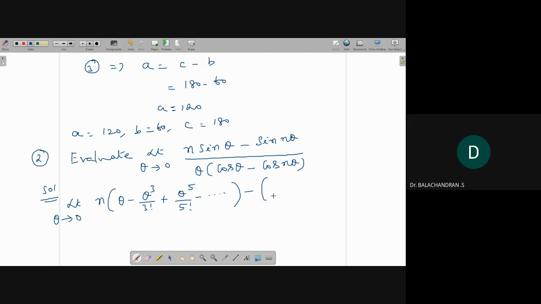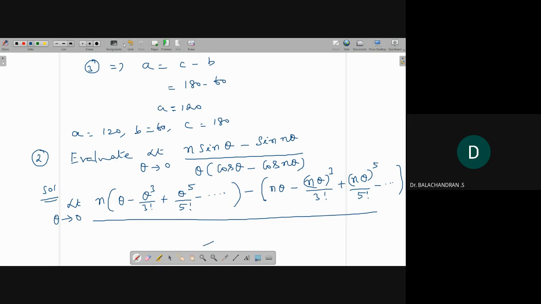So instead of theta, replace by n theta. That's all. n theta minus n theta whole cube divided by 3 factorial plus n theta whole power 5 divided by 5 factorial minus and so on. Close the bracket, and then what is the denominator?